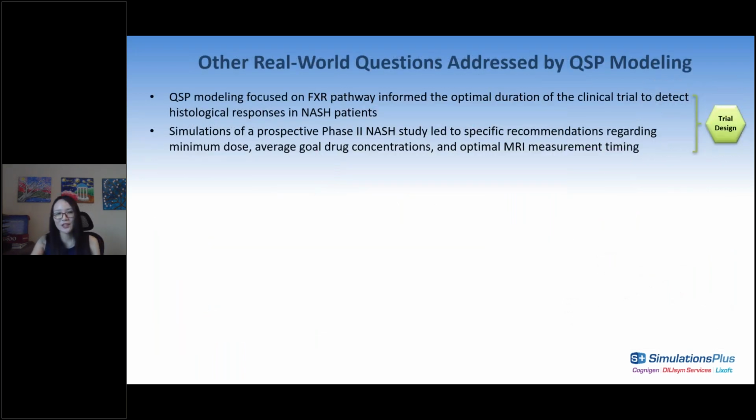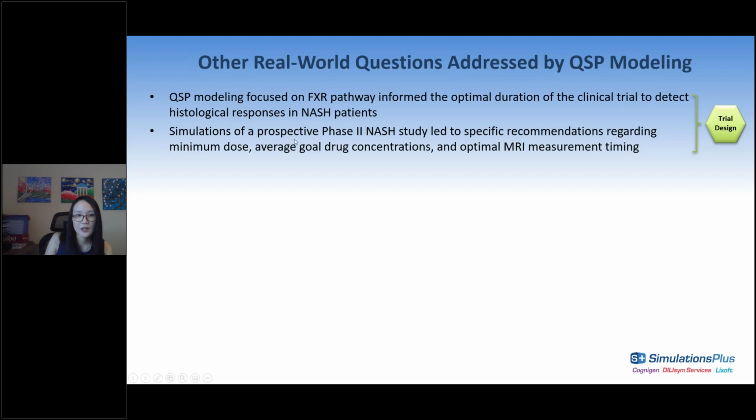We do not have time to go over all the cases we've covered so far, but on this slide, I have a list of additional cases to give you some flavor. What's listed here is the utilization of QSP modeling to inform clinical design, where QSP modeling focused on the FXR pathway in NASH treatment and informed the optimal duration of the clinical trial to detect histological responses.